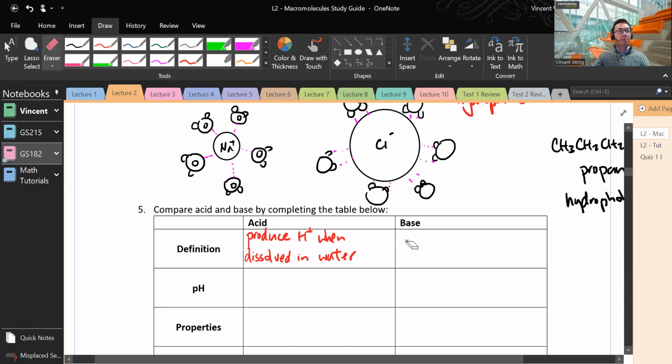Whereas a base is something that will produce OH minus when dissolved in water. OH, you probably learned this in chemistry already, is hydroxide. And this one will produce H plus when dissolved in water.